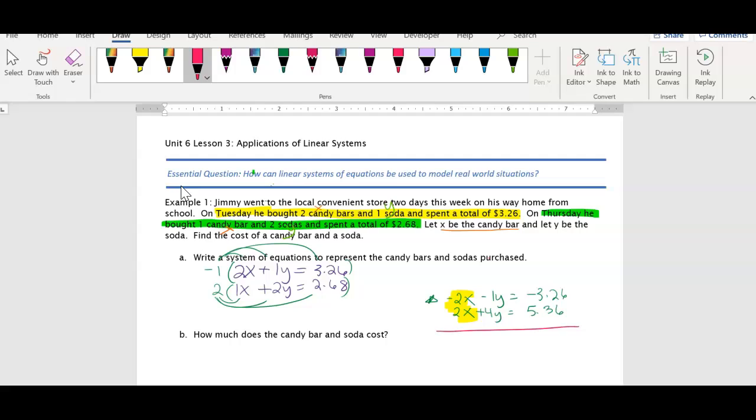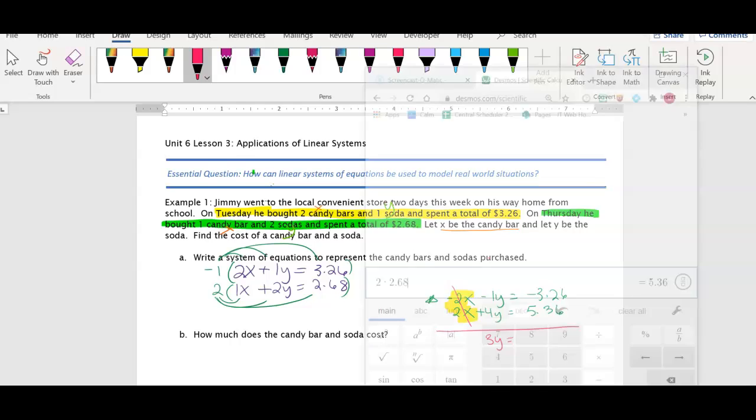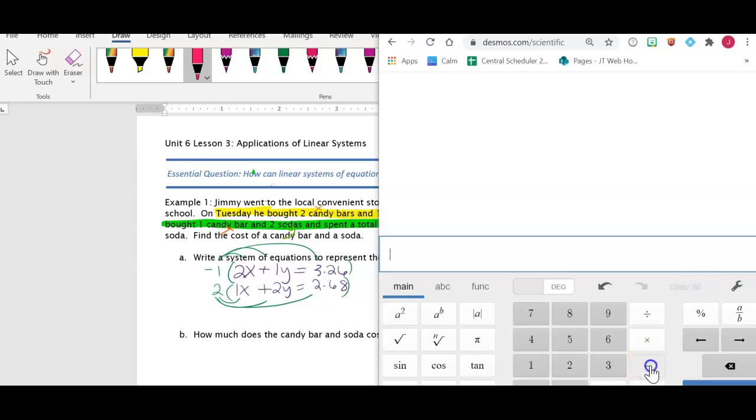So now I'll add the 2 equations together. So the x's cancel, -1 plus 4 is 3y. And then I add these two, negative $3.26 and 5.36, and I get $2.10 or 2.1.